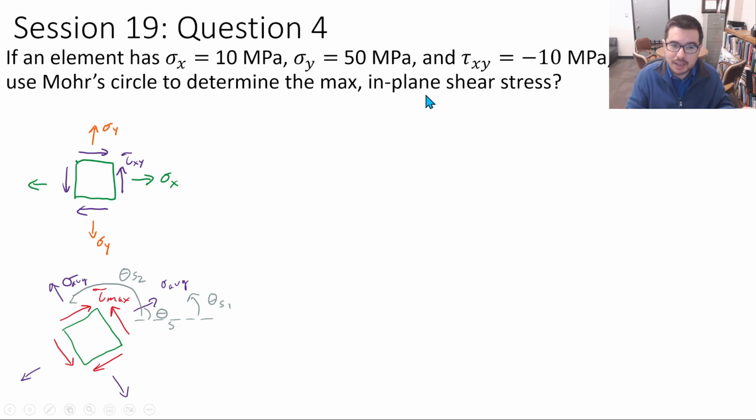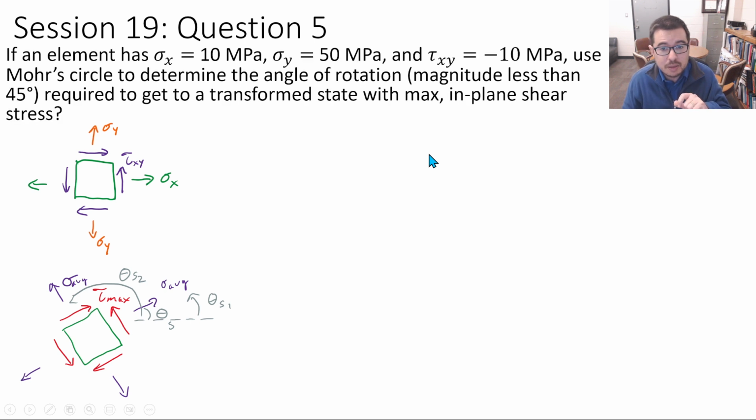We kind of did that example previously as well, so it's an opportunity to practice. And then what is the angle of rotation required to get us to this transformed state with max in-plane shear stress?